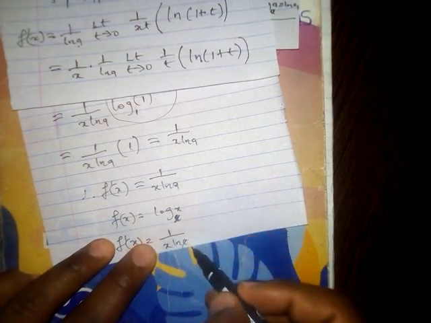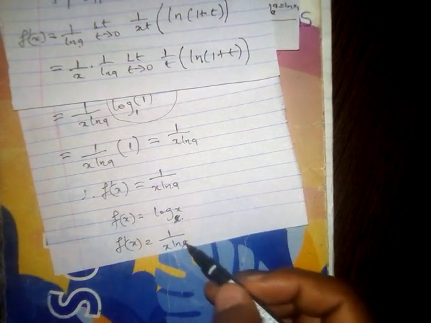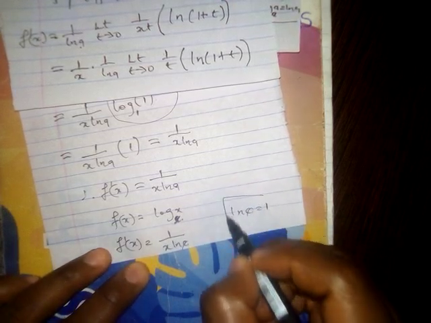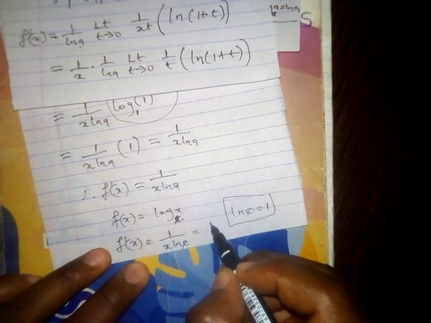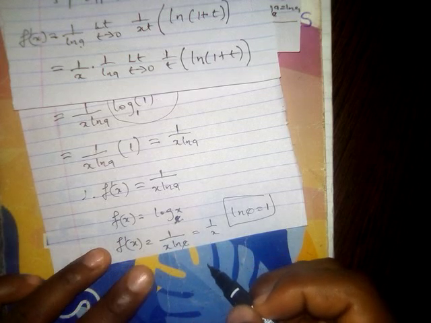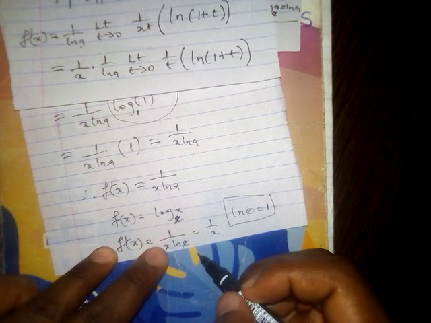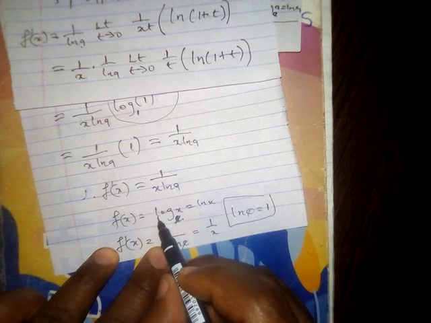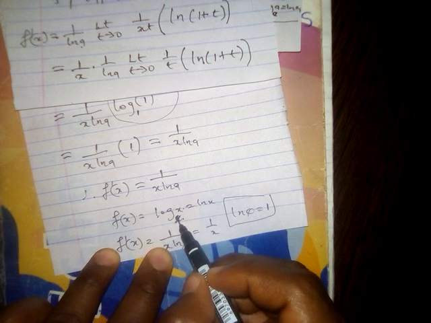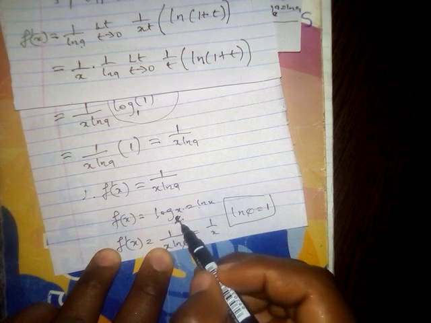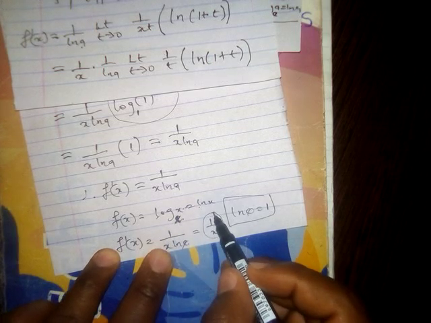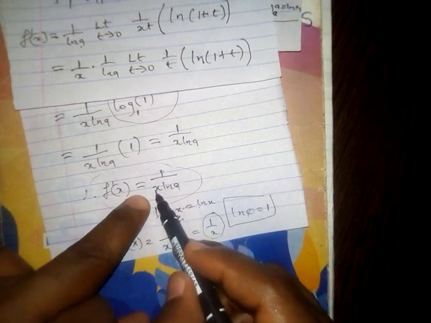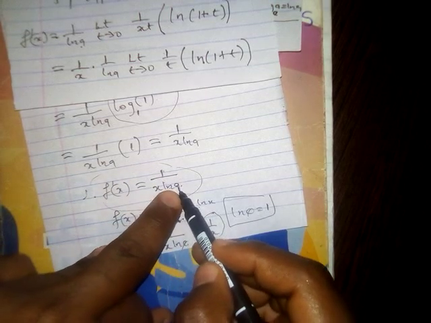Remember the a here, I changed it to e. So what is ln e? From our definition, ln e is equal to 1. So this is already 1 over x. So if we are differentiating ln x, or logarithm of x with base e, we are going to have 1 over x. But the general form of it is 1 over x ln a, when a is arbitrary.